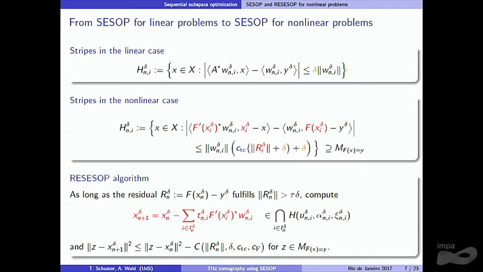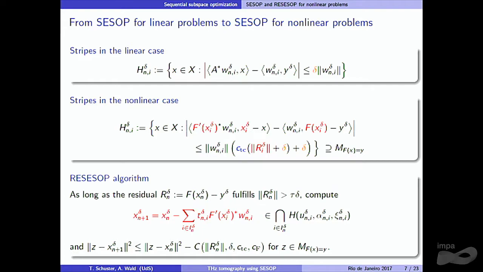Our regularized sequential subspace optimization technique is then defined as follows. With R_n we always denote the residuum. As a regularization a posteriori parameter choice rule, we use the Morozov discrepancy principle.